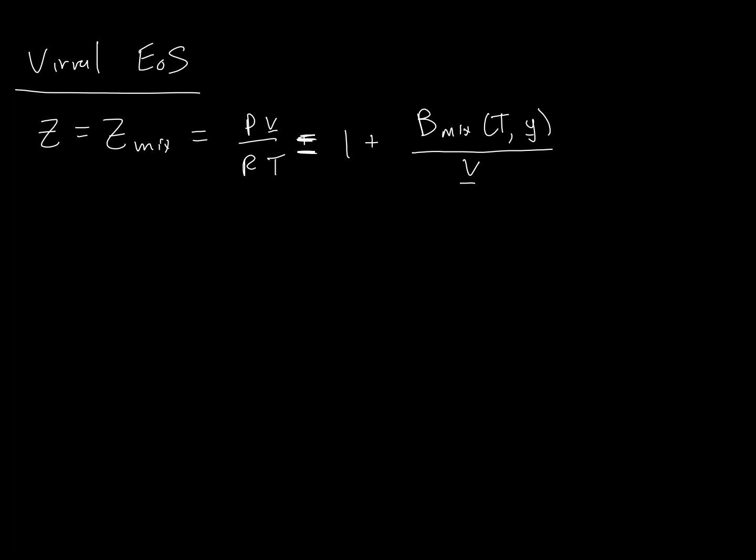Normally when we saw the virial equation of state before, it was just B as a function of T. But now we've changed it so that it's B as a function of the temperature and of the composition of the fluid.